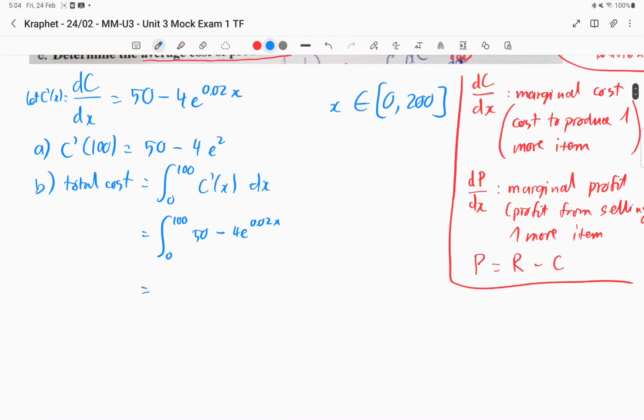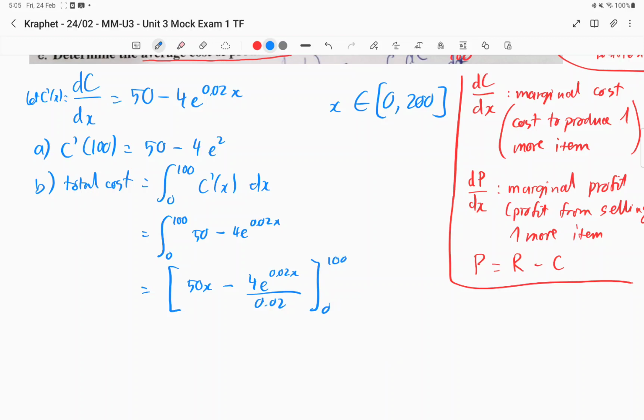This one is just one antiderivative, so I don't actually need to do any big f of x or anything, right? So just square brackets. 50 becomes 50x minus, so e becomes the same thing to the power 0.02x, but then you're going to divide by the coefficient of x, which is 0.02, like so, from 0 to 100.